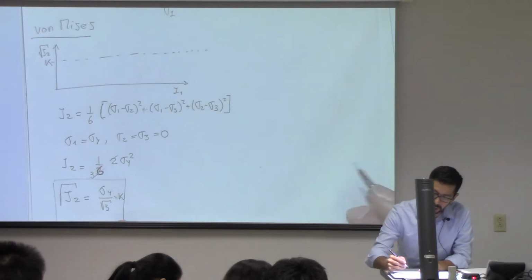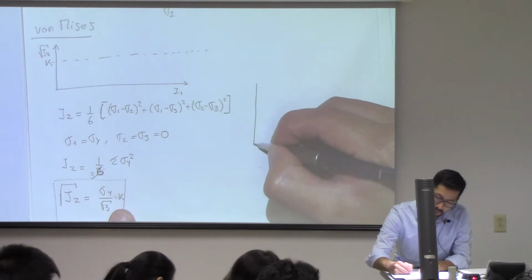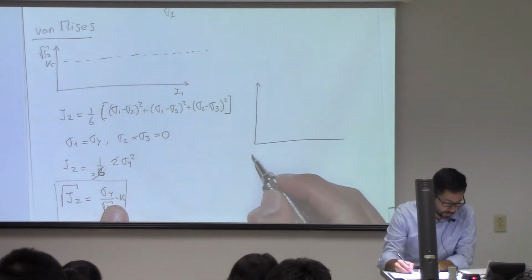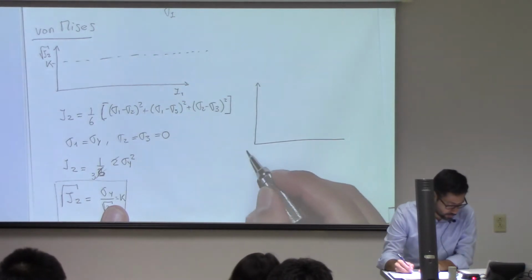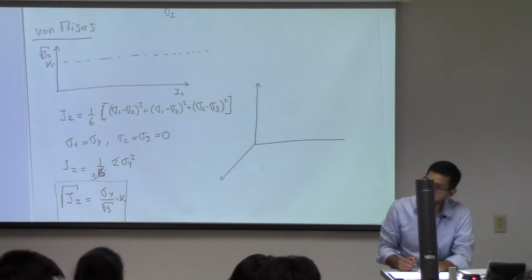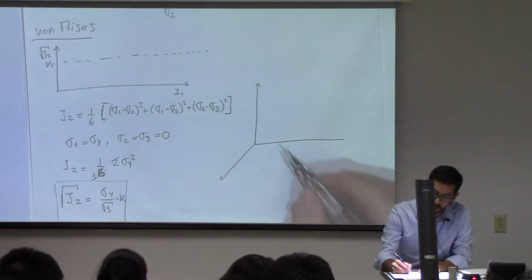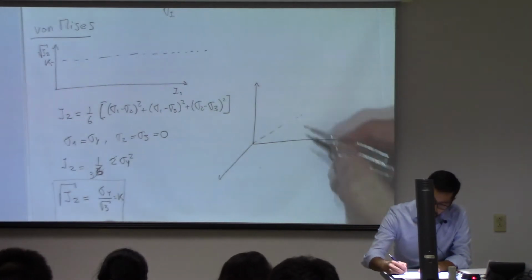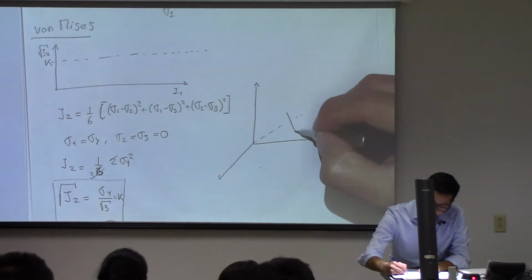So what do you think that is going to look like? What? So the last one was the hexagonal prism around the equal stress axis, so it's going to be like a tube.